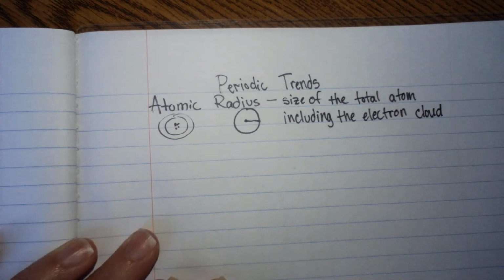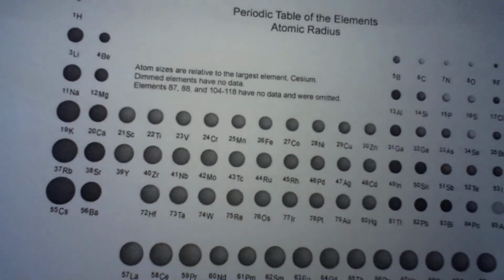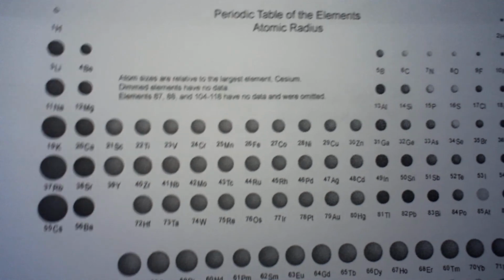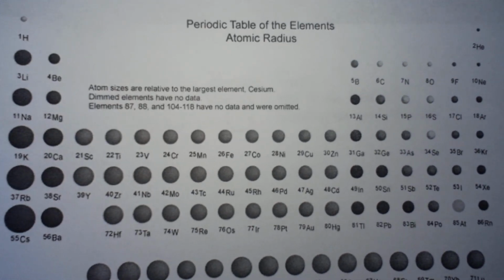Including the electron cloud. So in the lesson today, I put this picture, just Googled it, found it on the internet. On this picture, we can kind of see the atomic radius trend if we just look at it and digest it. If we know that we're talking about circles, radius is half the circle.